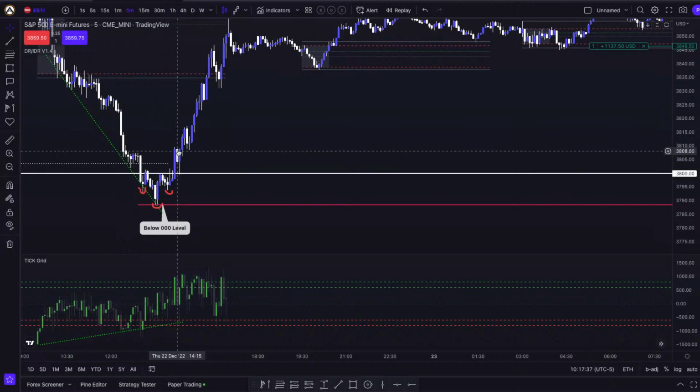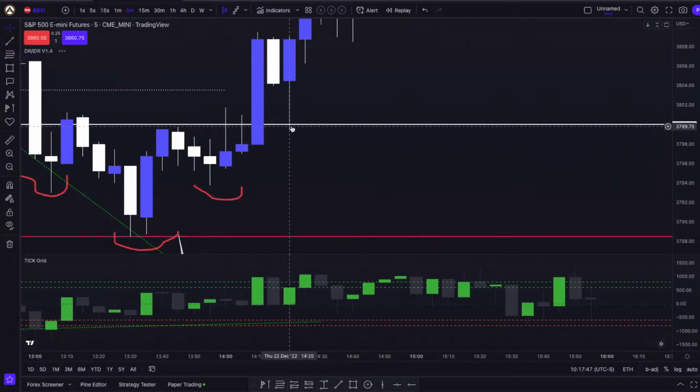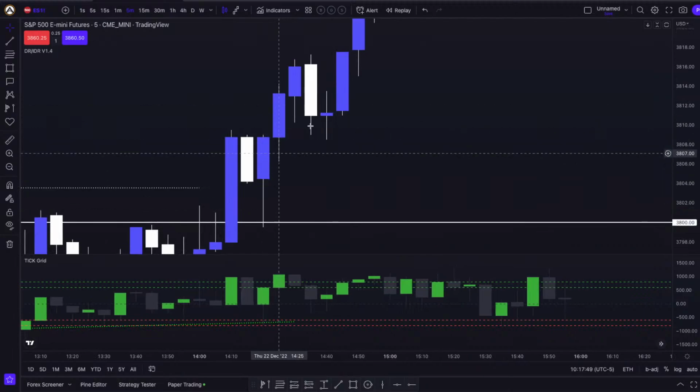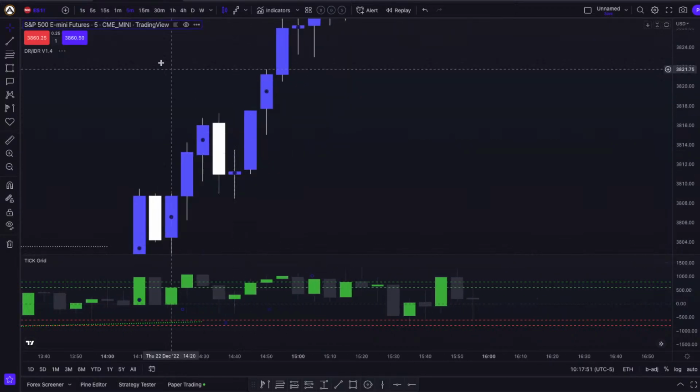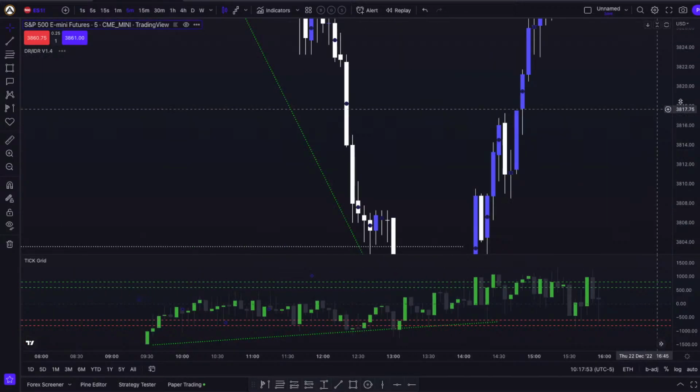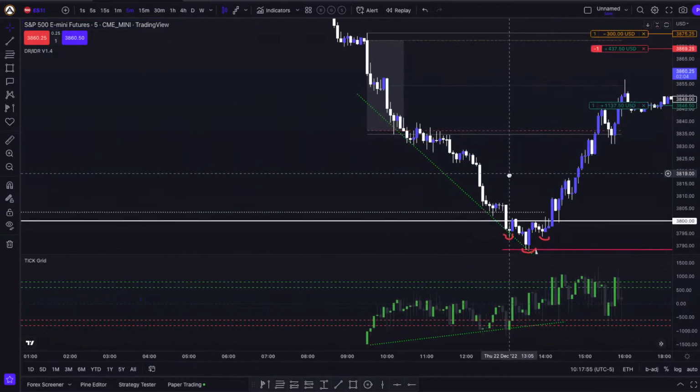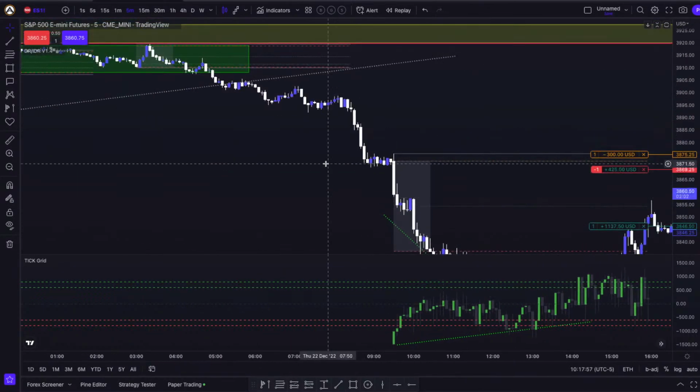When we got back into it, we left behind a fair value gap, we just wicked back on this 3,800 key level right here. Let me zoom in. We just wicked onto it again before continuing further to the upside. So this is basically the only thing you use a tick grid for.